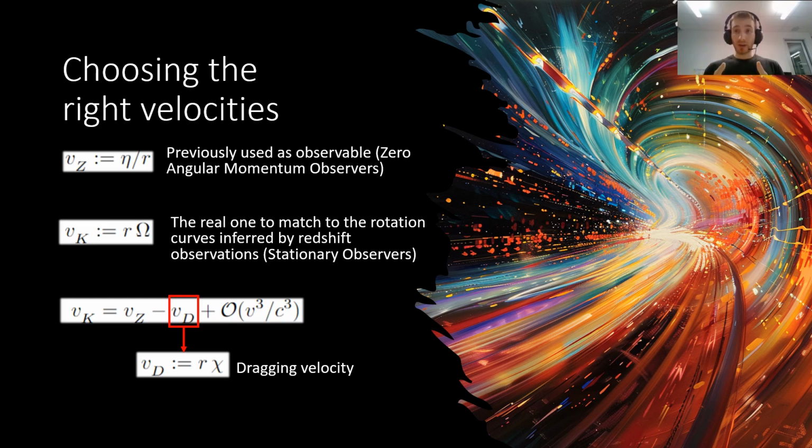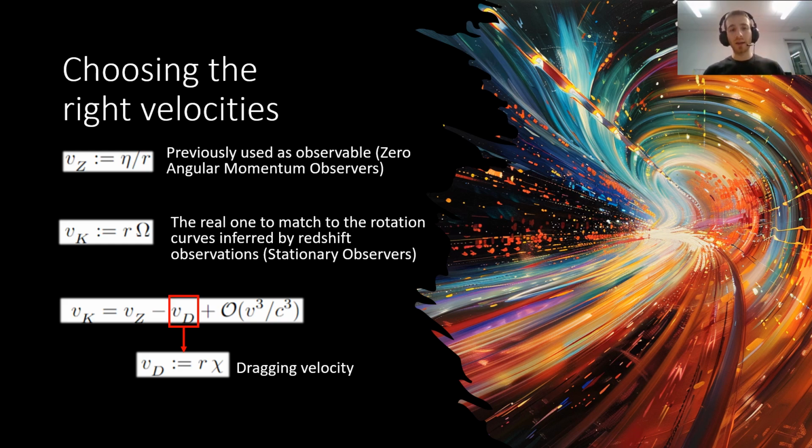This velocity is what has been previously fit to the rotation curve of distant galaxies. However, in our work, we've proven that actually this is not the correct velocity to match to the rotation curve. The velocity to match the rotation curve should be the kinetic velocity, which is the one measured by a stationary observer in the low energy limit. The two are related.